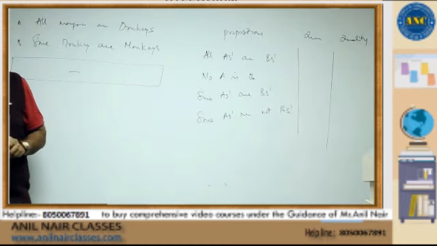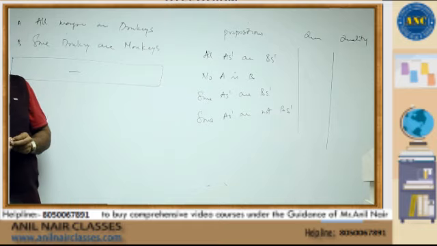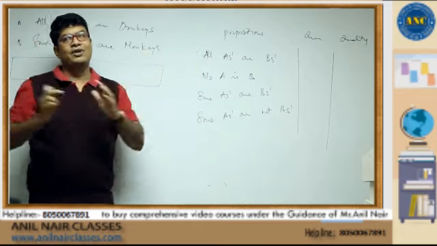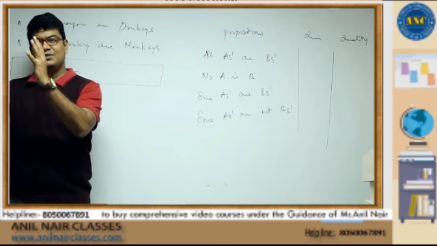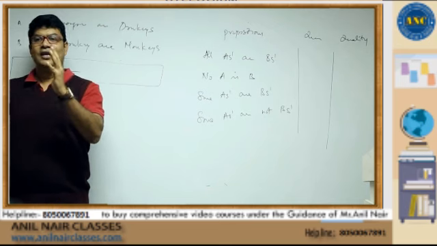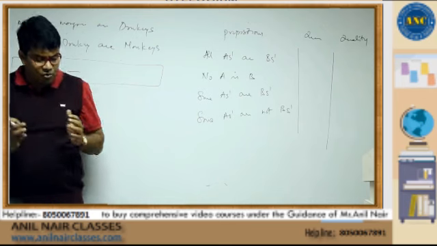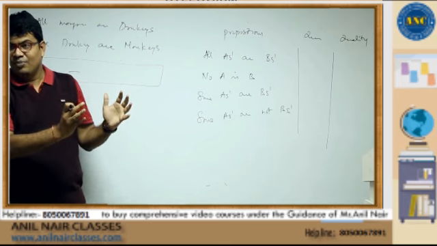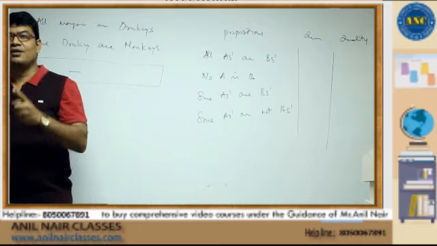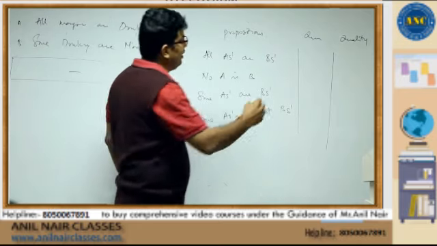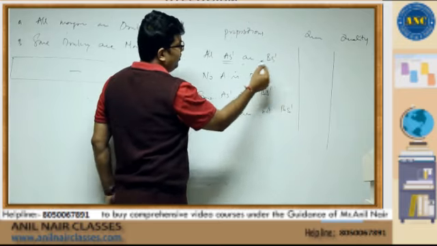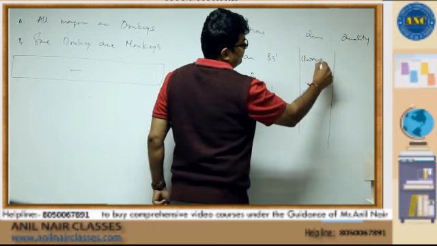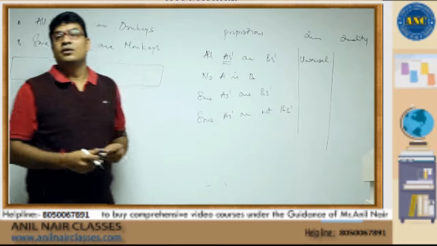When I say quantity, what is the quantity here? Now, all apples are mangoes. Are we talking about all apples, which is universally anything to do with apples, or are we talking about a particular set of apples? All apples, right? So we are talking about universal. So in terms of quantity, in all A's are B's, we'll call it universal.